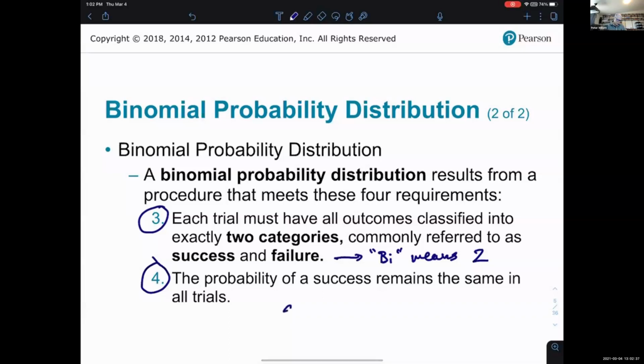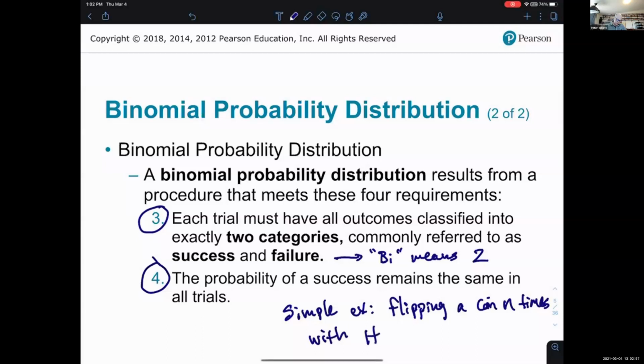So a simple example: flipping a coin n times, could be 8, 7, 20, whatever, with heads being a success. So that's an example of a binomial probability distribution that would result.